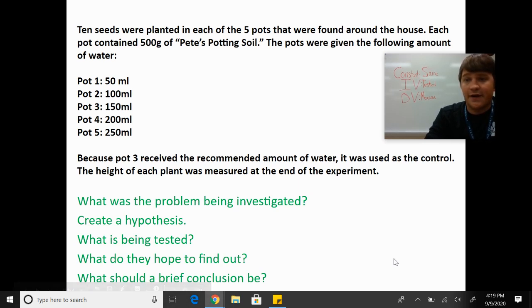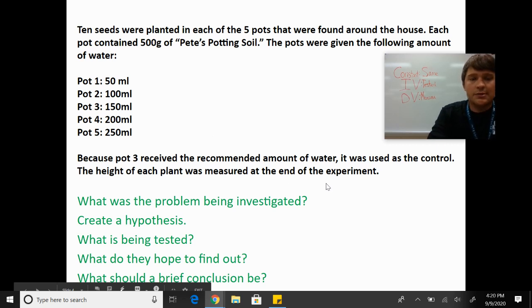Each pot contained 500 grams of Pete's potting soil. The pots were given the following amount of water: 50 milliliters, all the way up to 250 milliliters in increments of 50. Because pot 3 received the recommended amount of water, which is 150 milliliters, it was used as a control. The height of each plant was measured at the end of the experiment.